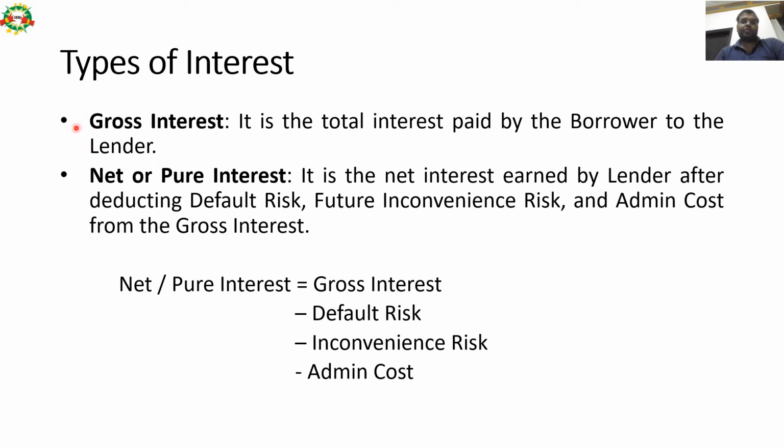So these are the two broad types of interest rates from an examination perspective. First is gross interest and second is net interest, which is also called pure interest. Gross interest is the total interest paid by the borrower to the lender.